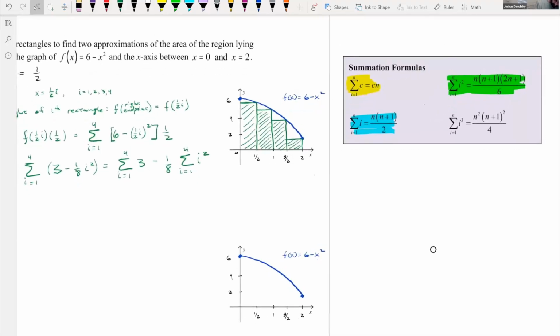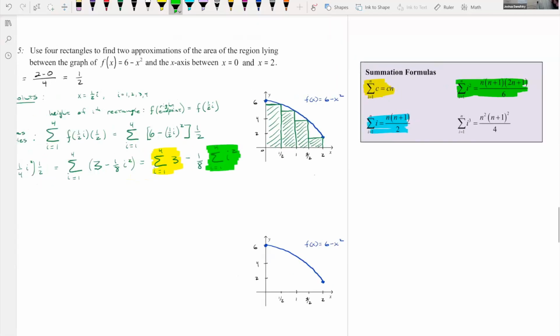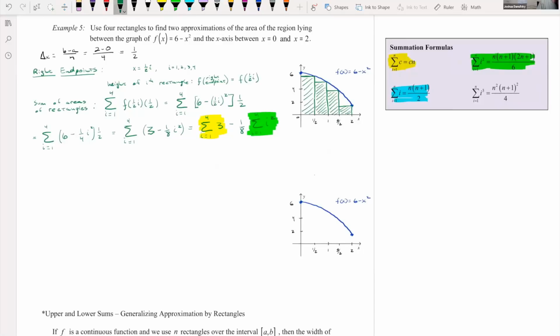You'll notice with the first summation here in yellow, we've got the sum of a constant. So we're going to use the yellow formula there. And the second one, we're taking the sum of the i squared. So we're going to use the green one. So let's see what that turns into. That's going to give us the constant 3 times the upper bound of summation, which is 4.